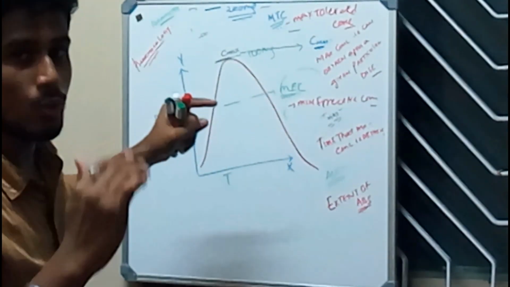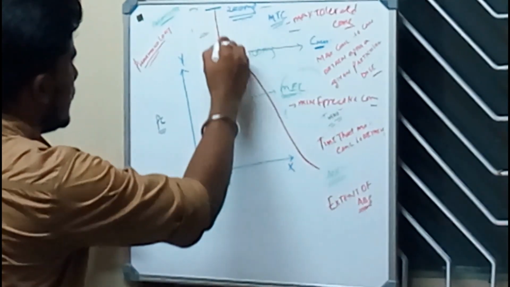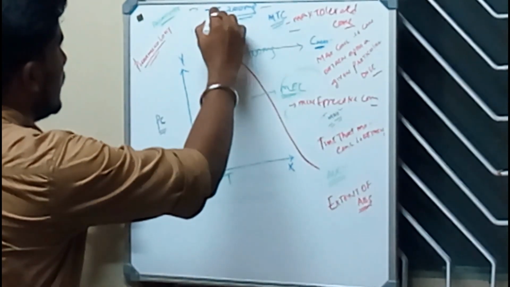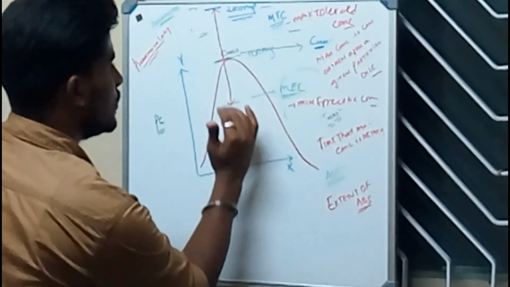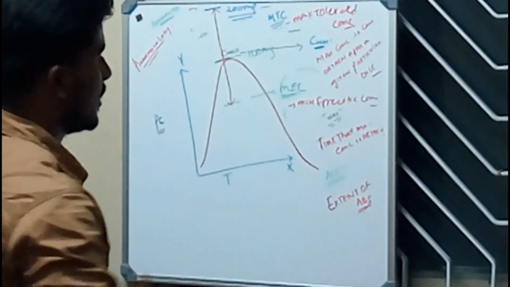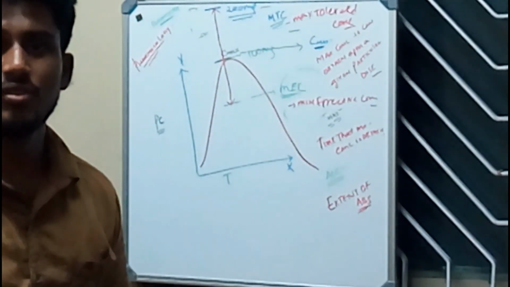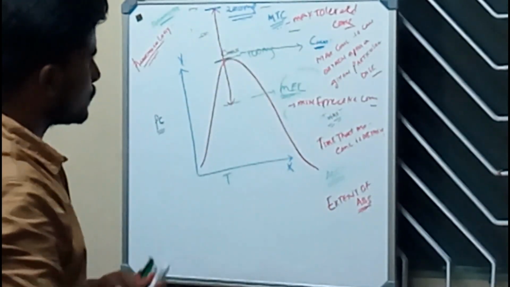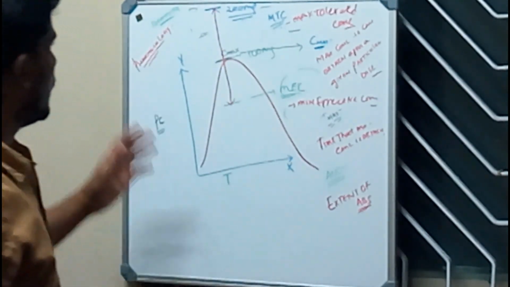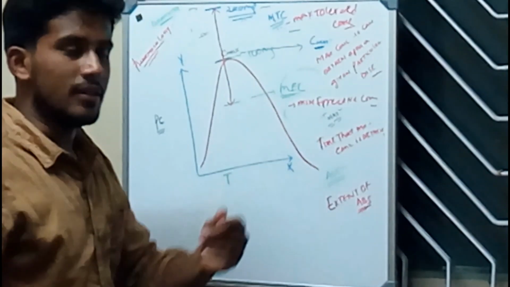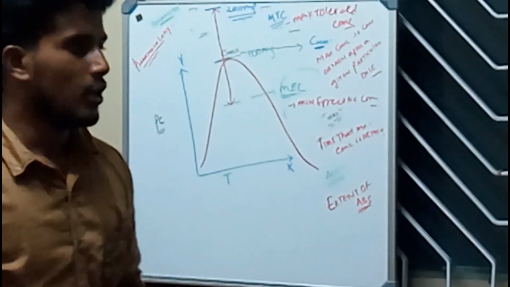The Cmax should lie between the MTC and the MEC. It should be above the MEC, the minimum effective concentration, and below the MTC, the maximum tolerated concentration. So you understood about the Cmax.